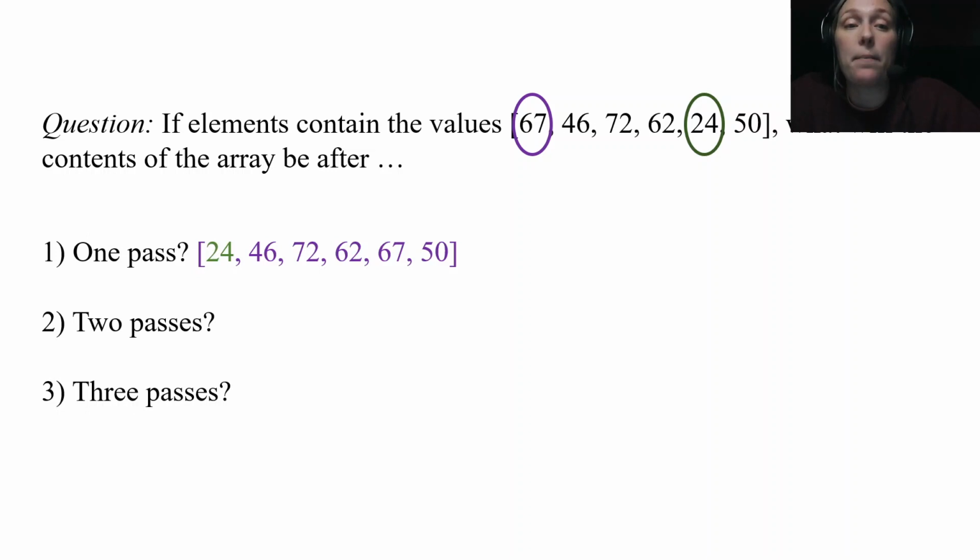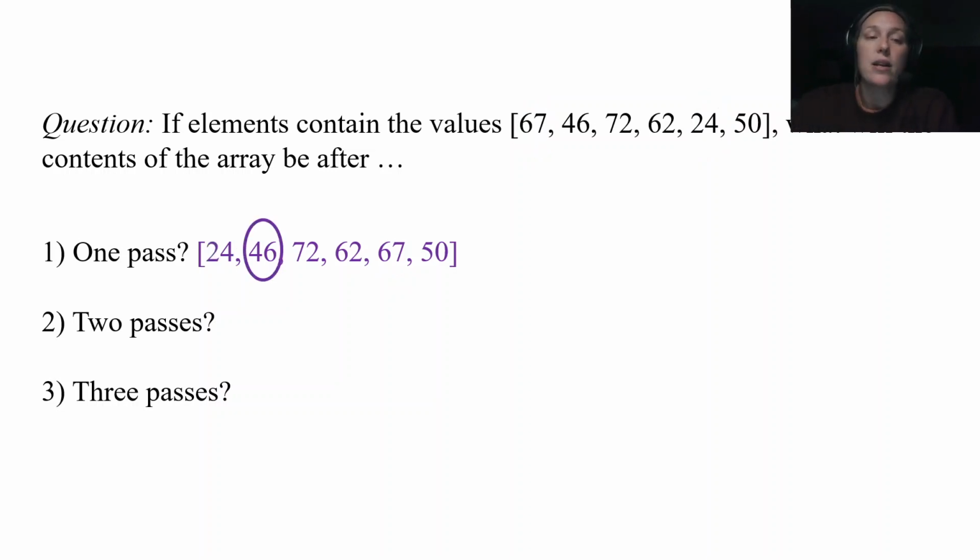And then we swap them. So after 1 pass, 24 and 67 were swapped. Everything else stayed in the same position, but 24 and 67 were swapped. Okay? So that's after 1 pass. That's the contents of our array.